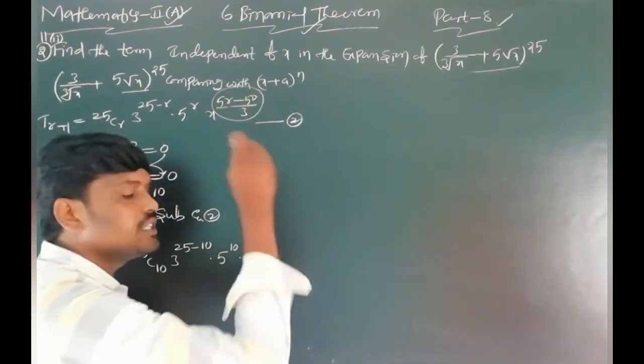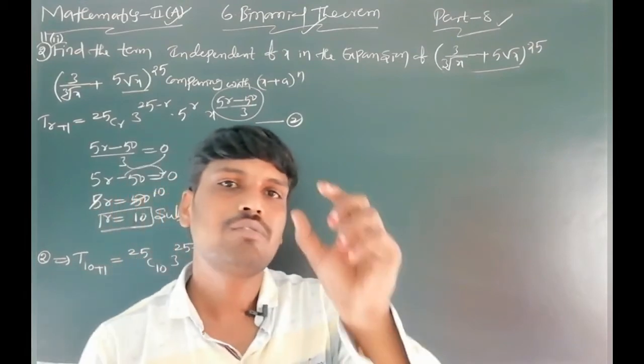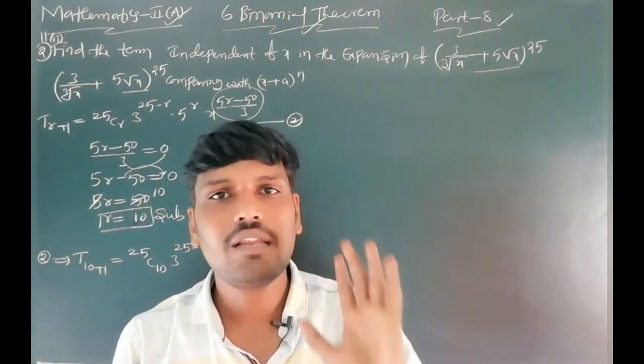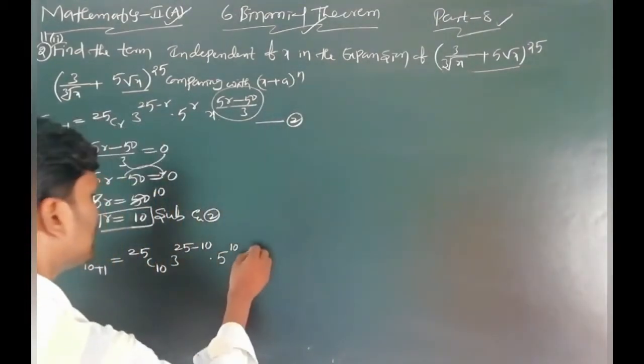You get 0 by something, and 0 by something is 0. x power 0 value is 1.